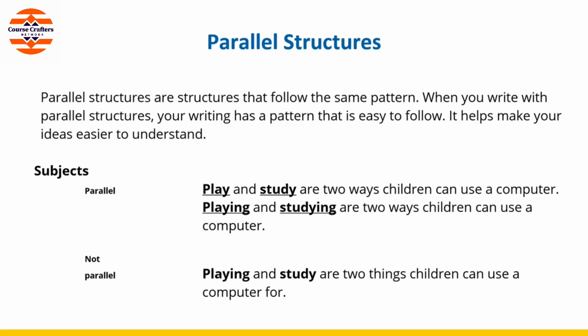When you are writing sentences using parallel structure, they have to be consistent, for example, playing, studying, or dancing and playing. You have to make sure you are consistent and adding the ing ending in both cases. That's what we call parallel structure.